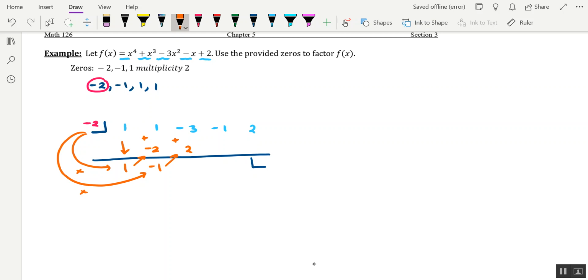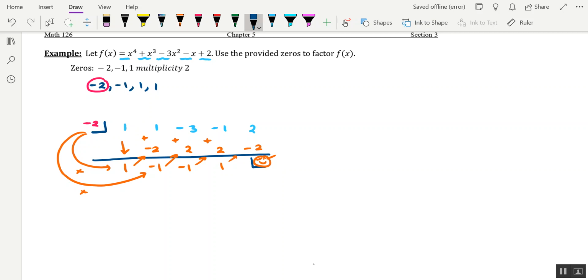So adding -3 and 2 down gives us -1. -2 times -1 is +2. Adding down gives us +1. And then -2 times 1 gives us -2. And we get a remainder of 0. There's my dabbing emoji. So that confirms that -2 is a real zero.